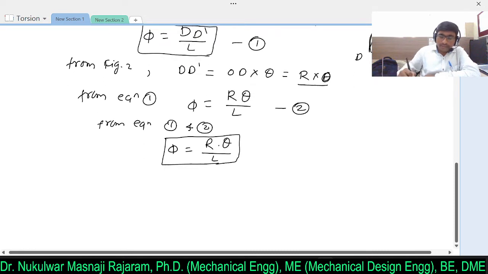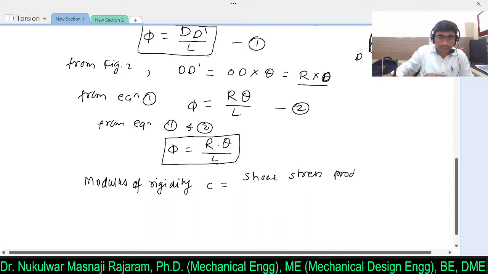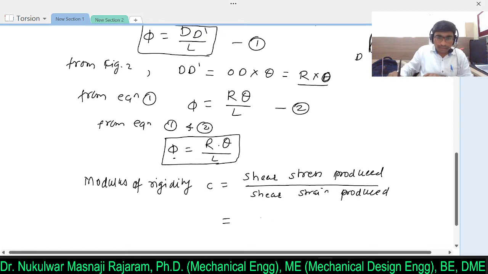Now let's consider the property of material. I have already assumed that the material of the shaft is uniform throughout, so the modulus of rigidity will also remain the same. So I will evaluate the modulus of rigidity, that is C, sometimes it is also denoted by Z. It will be the shear stress produced divided by the shear strain produced. So this phi is nothing but the shear strain.